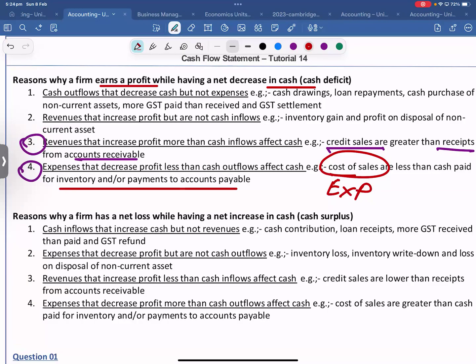So the expense should be lower than the cash paid. So we have made a cash deficit, meaning we have spent more in cash. So basically paying for last periods? Yeah, maybe. We can be paying for last period, and also for the next period, so we are purchasing more right now. If it is accounts payable, you are correct, maybe probably for the last periods. Otherwise, if we are purchasing inventory in cash, then we can be purchasing in bulk for the next periods. Right? Tevindu, you okay with that? Yeah. All right.